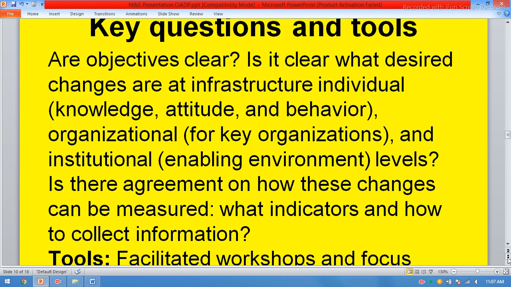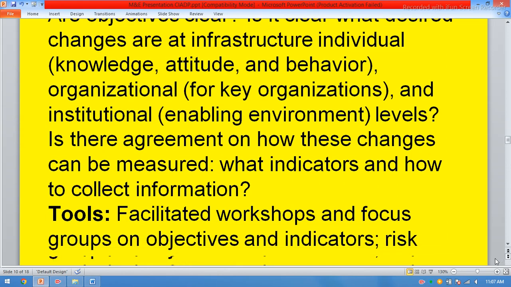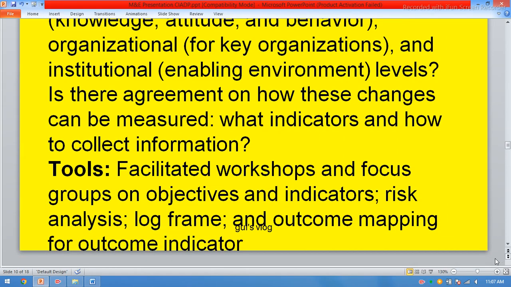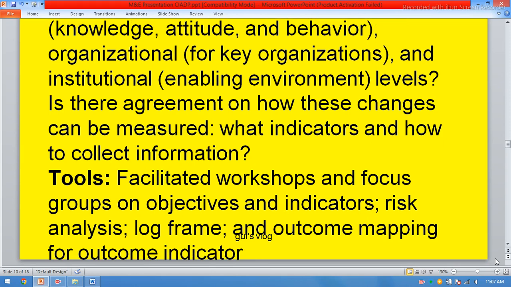Is there agreement on how this change can be measured? What indicator and how to collect information? Tools: facilitated workshops and focus group on objectives and indicators, risk analysis, log frame and outcome mapping for outcome indicators.